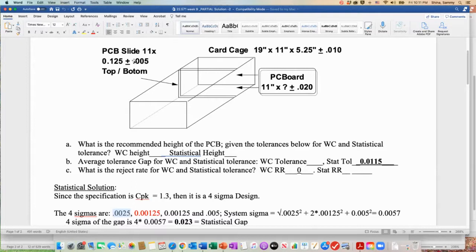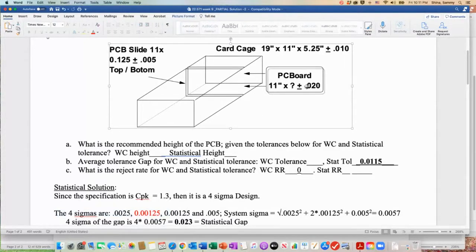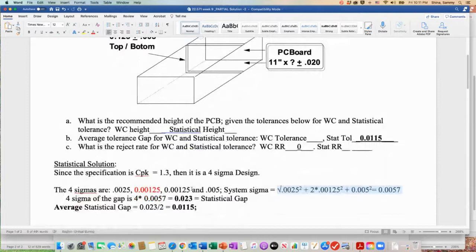Then you're going to take the 0.05, and you're going to divide by 4, so you're going to get 0.0125. And the last one is 0.02, divide by 4, and you're going to get 0.005. So now you're going to get the system sigma at 0.057. So we already know the 4 sigma of the gap is 4 times 0.057 or 0.23.